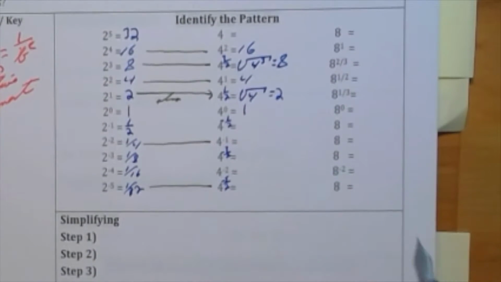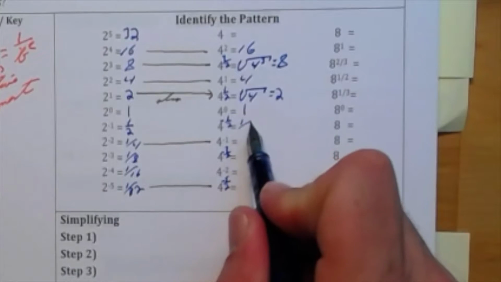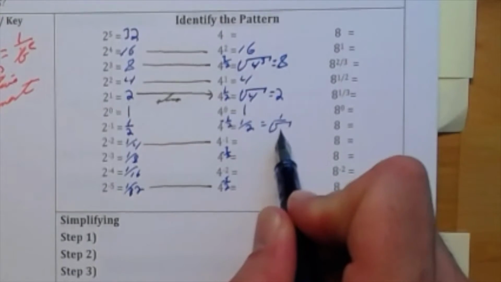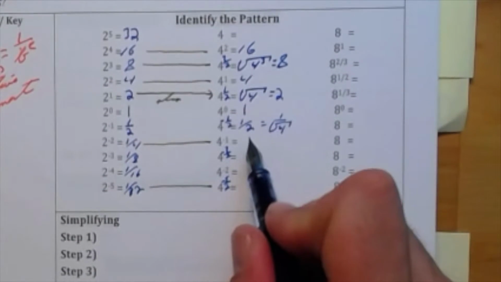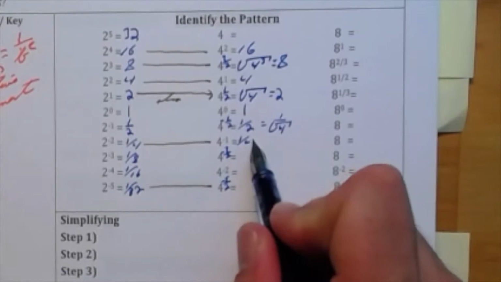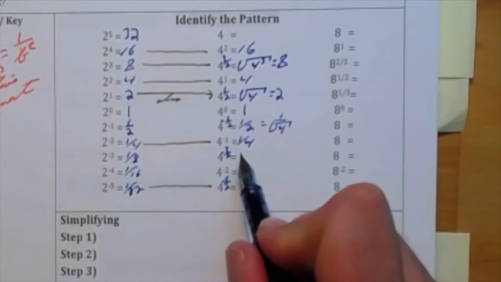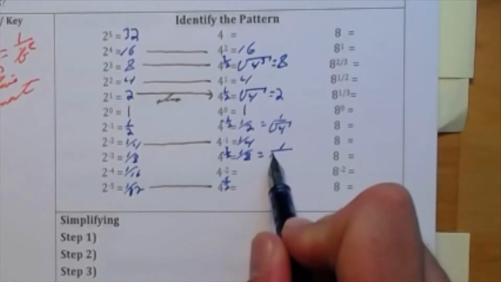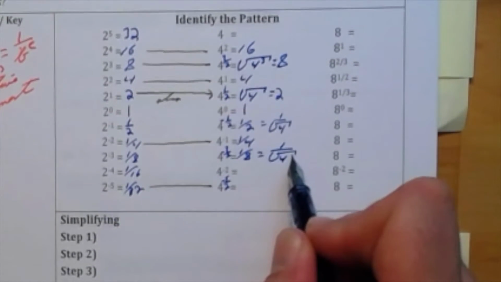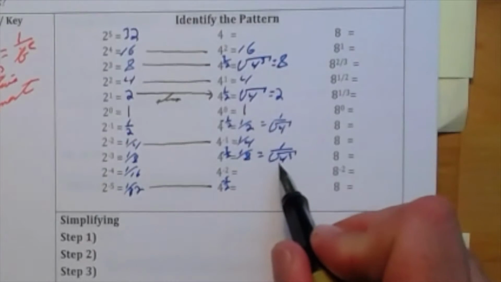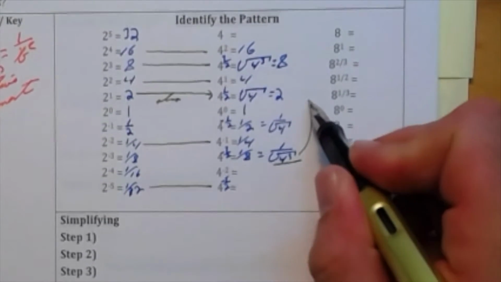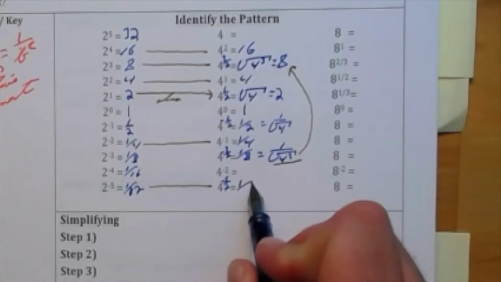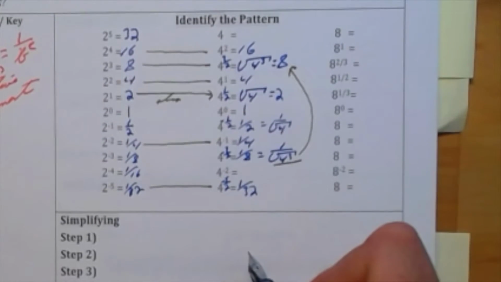Looking at these and looking at the values from above, I can see that 4 to the negative 1/2 power is the same as 4 to the 1/2 power in the denominator, or 1/2. 4 to the negative 1 is 1 over 4. 4 to the negative 3 over 2 is 1/8 because it is 1 over the square root of 4 to the 3rd power, which we saw earlier. The square root of 4 to the 3rd power is 8. So these things are very directly related.